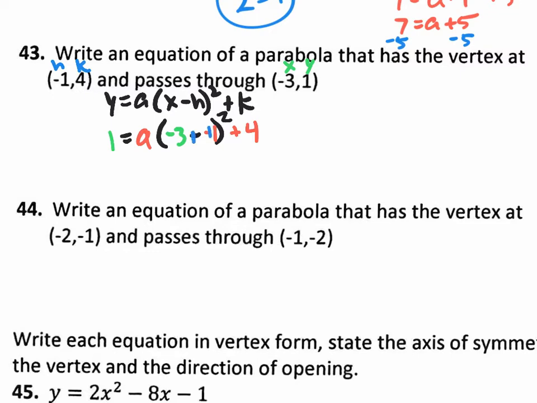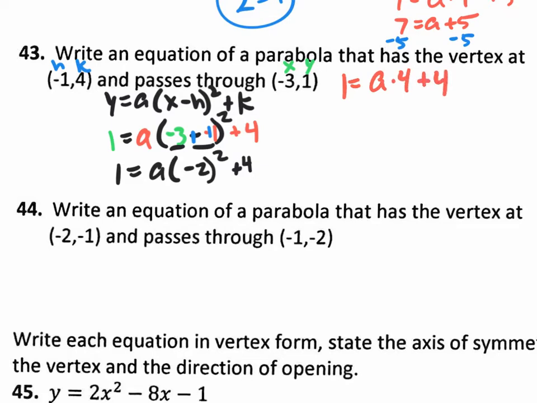My new equation becomes 1 equals a times, what is negative 3 plus 1? That's negative 2, but you're going to square it, and then at the very end, add 4. So negative 2 squared is 4, but you don't add 4, you multiply it by a first. So what we really have is the equation 1 equals a times 4 plus 4.